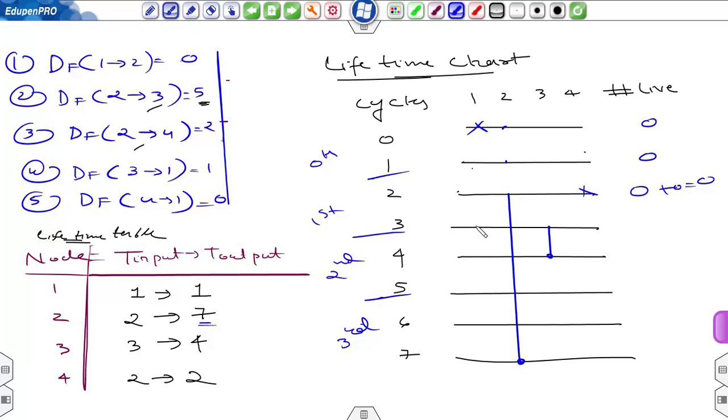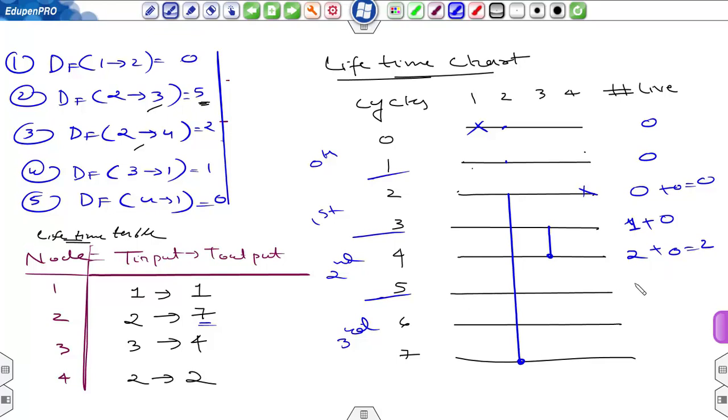In the third cycle, this is live and this is just generated, so live variable is 1. Referring to the previous iteration, first cycle, the value is 0. Add 0 to this. In the next, 2 live variables; previous iteration, second cycle, the value is 0, so 2 plus 0 is 2.